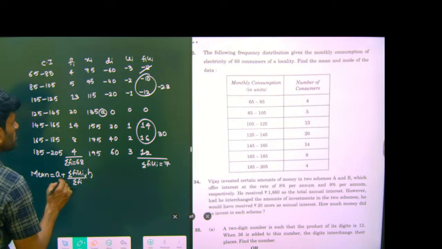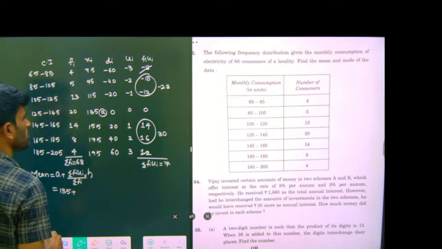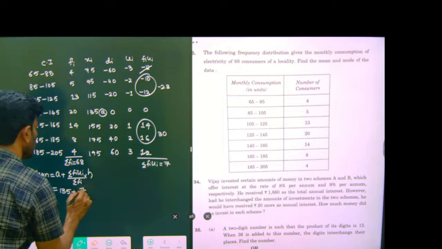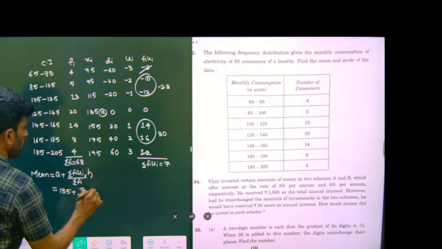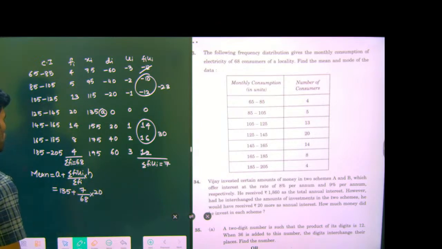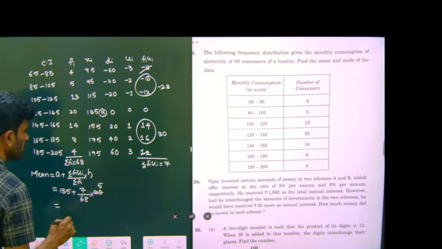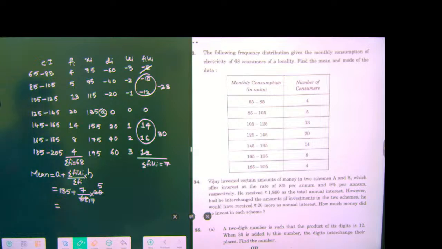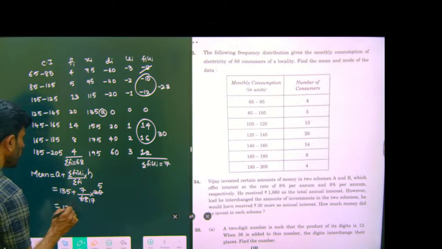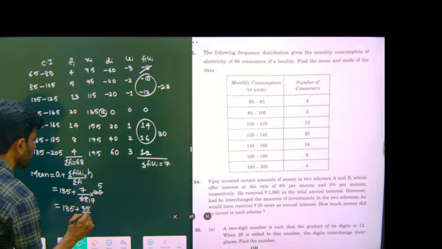A is 135, plus sigma fi ui 7 by 68 into h 20. You can cancel here. 4 5s are 20, 17 4s are 68. So 135 plus 5 into 7, that is 35 by 17.